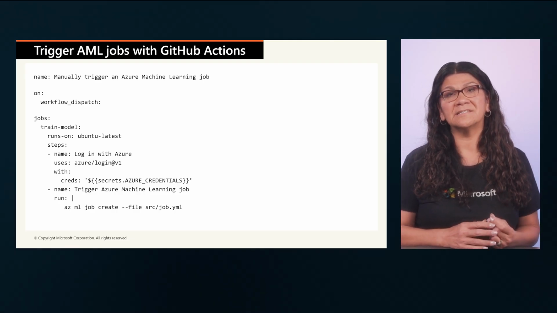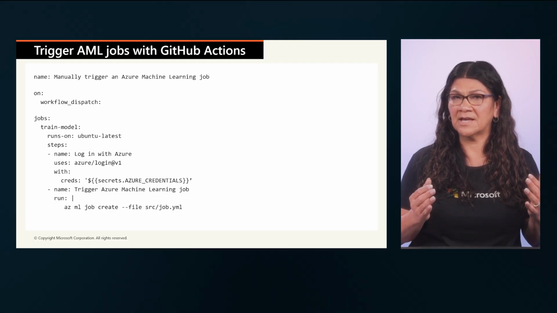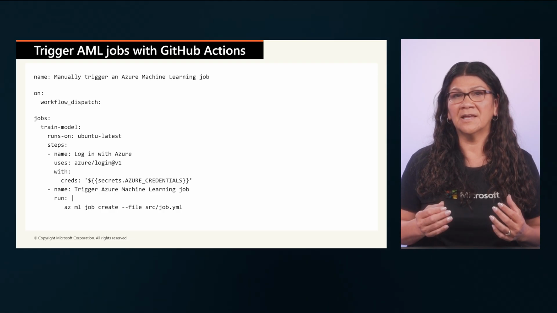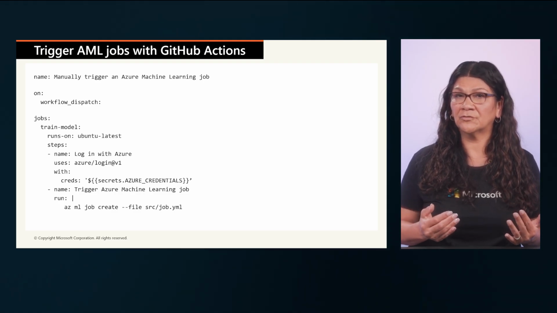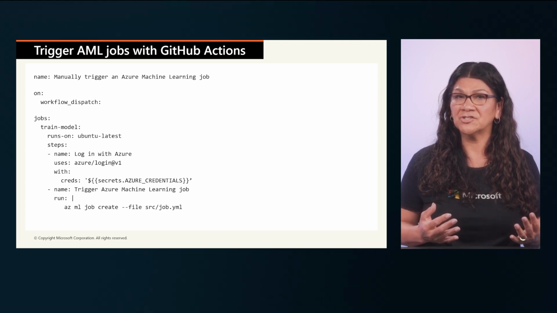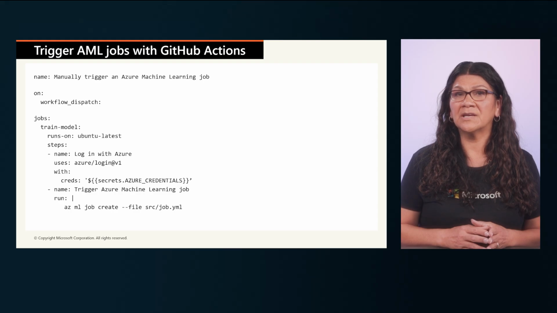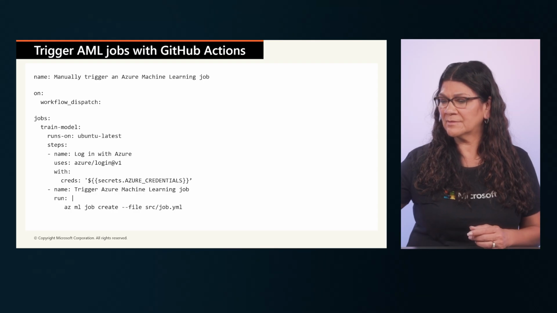A good use case here is a team stores their model training configuration in that job.yaml file in GitHub, and then when a maintainer triggers the workflow, GitHub Actions automatically authenticates and launches a model training job in Azure ML, all without leaving the repository.